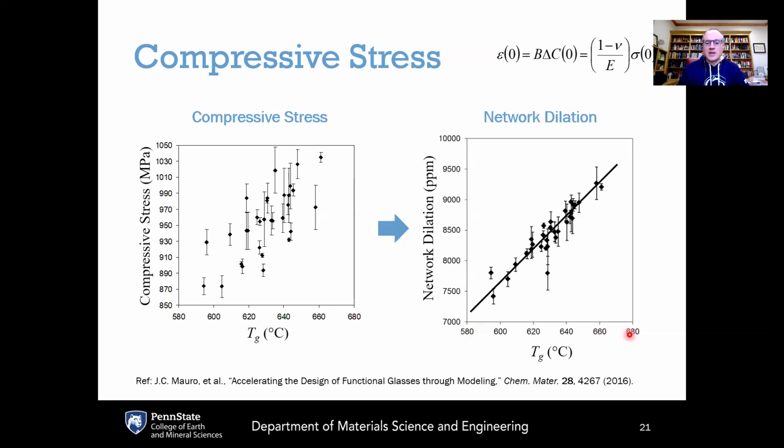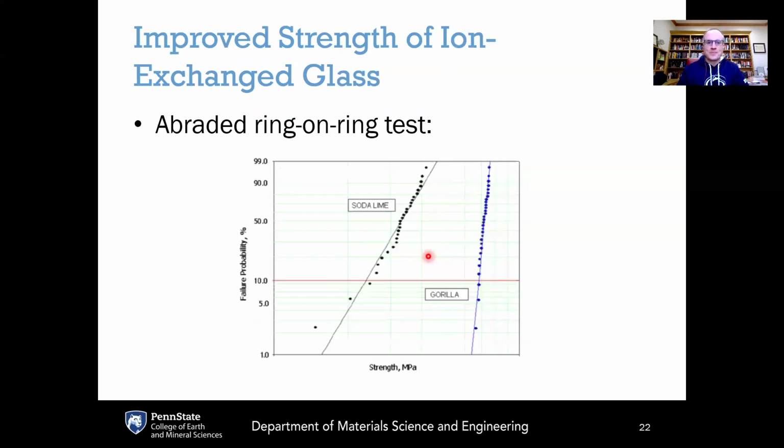So this is still plotted versus glass transition temperature, but plotted in a strain description, causes everything to collapse onto this master curve. And what this means then is that the network dilation here is really governed by the glass transition temperature. And so knowing how the glass transition temperature varies as a function of composition, we can use that information to predict the network dilation and then back out the compressive stress from there.